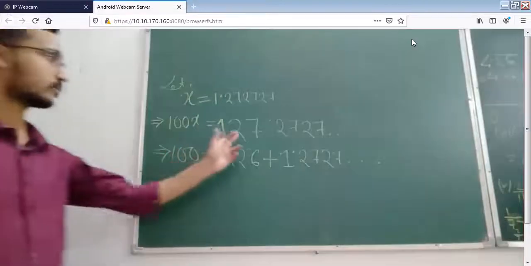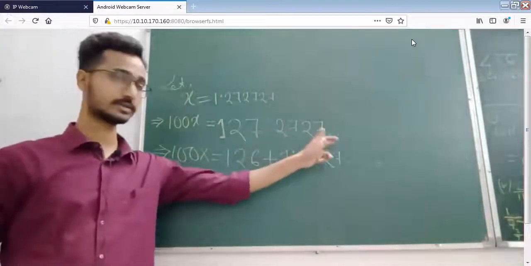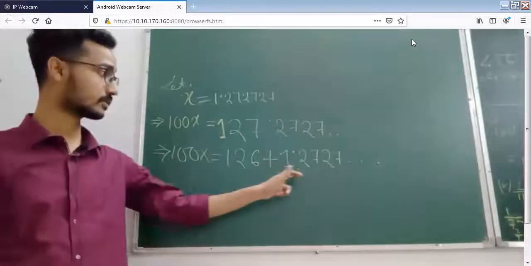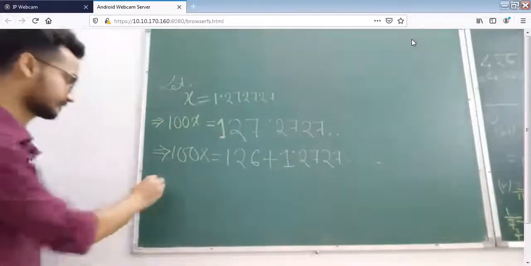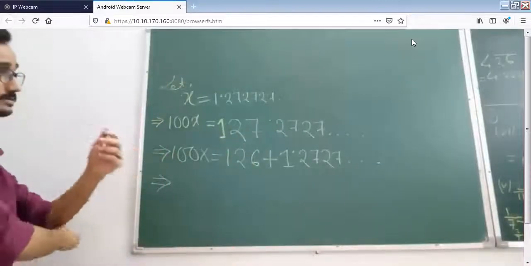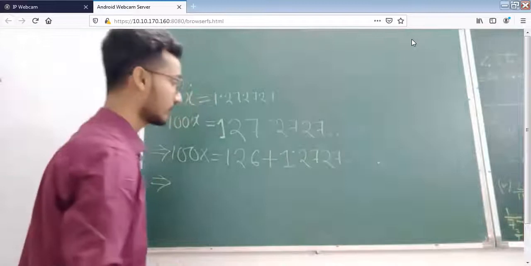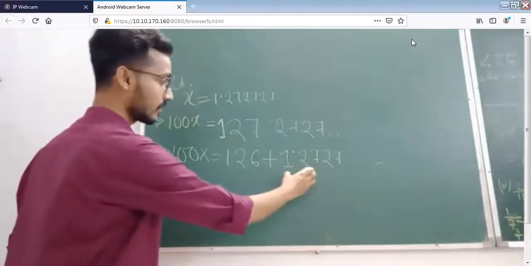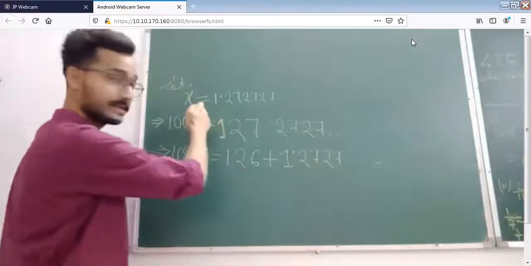You can write 127.2727 as 126 plus 1.2727. Yes. Why am I breaking these things like this? Because in place of 1.2727, you can write x. Yes or no?